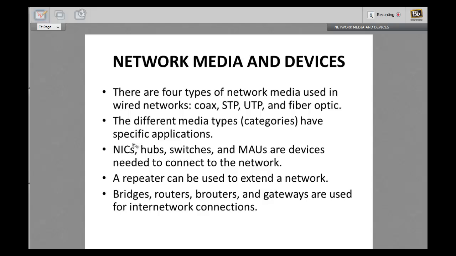In the last chapter, our talk was about many media, such as the coaxial cable, and the STP and UTP, which are shielded twisted pair and unshielded twisted pair. All three of them use copper, a kind of metal, to connect the devices, and they use electricity.